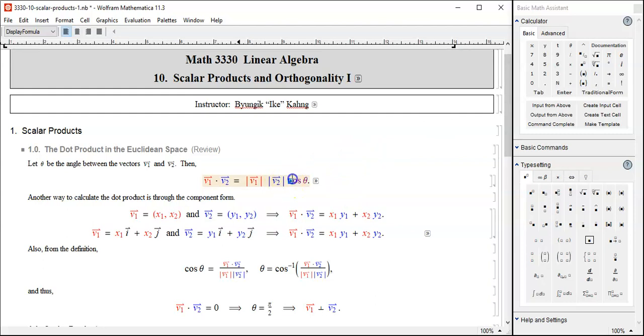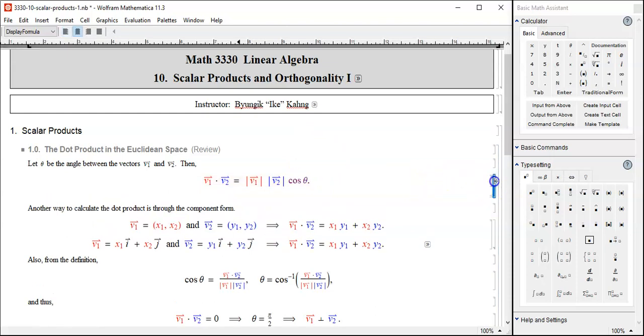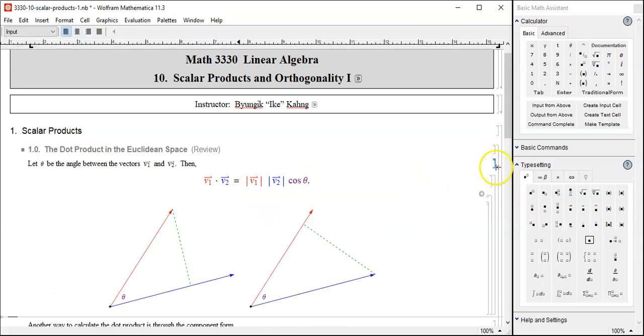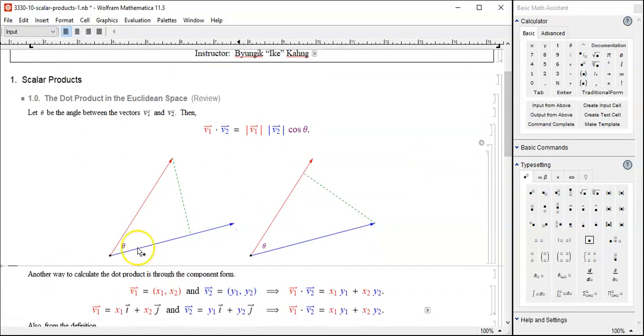That's because we already had a well-defined angle concept. In abstract vector space, we don't have an angle, so we cannot define it like this. But in Euclidean space, yes, we do have an angle, so you can define it like this. And why do I have cosine? That means you want the contribution in the other vector's direction.